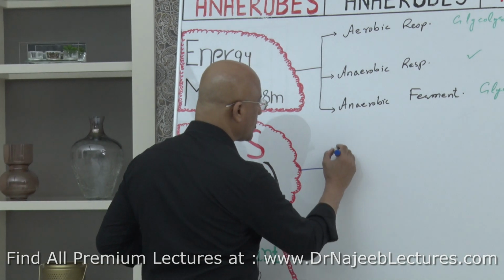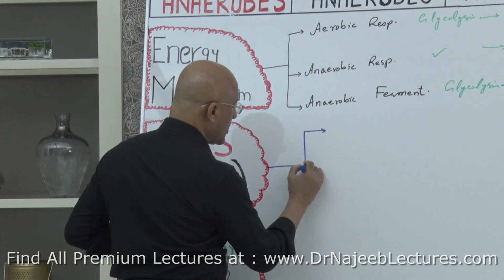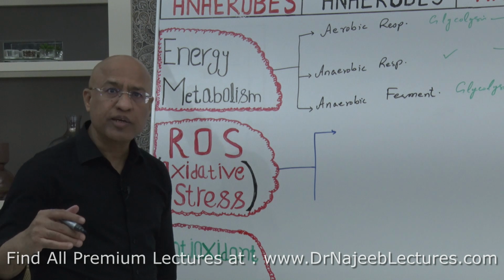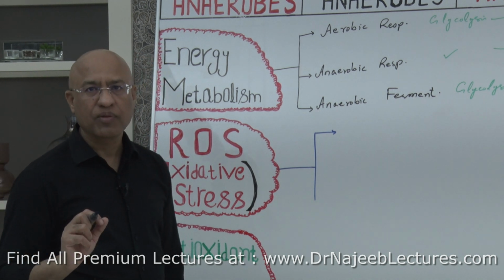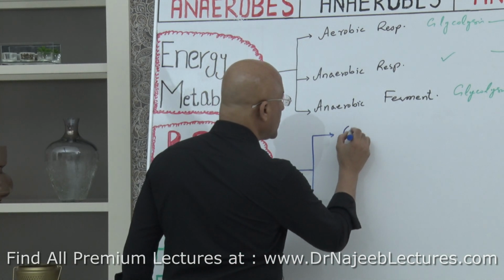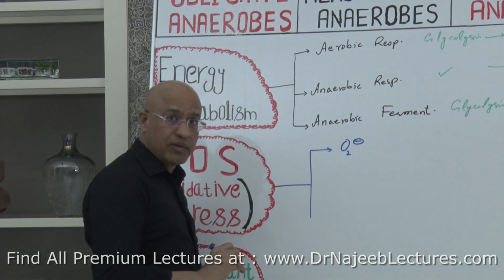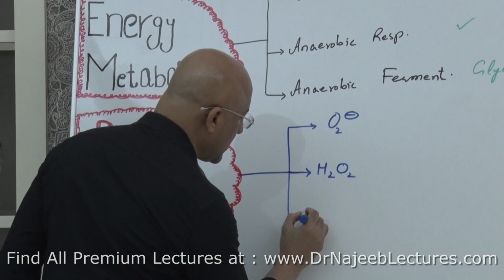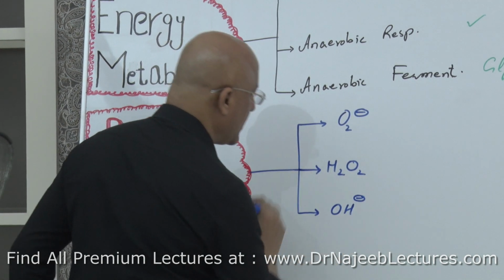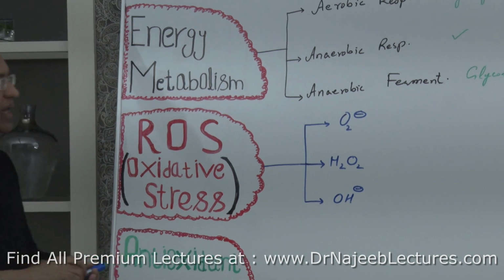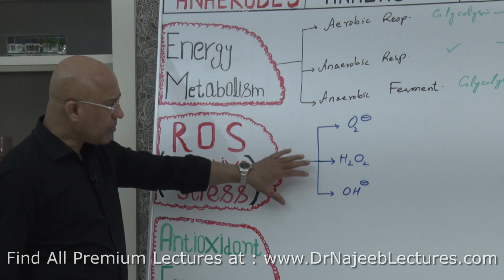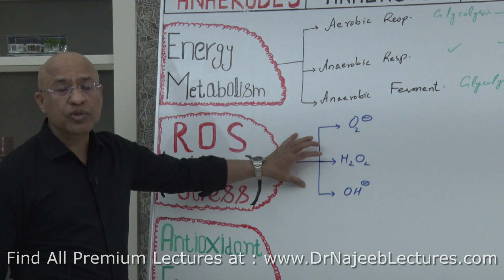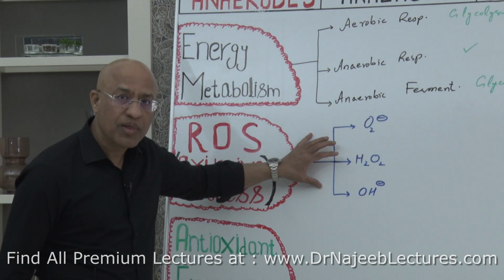right? We have already discussed that if bacteria or biological systems are exposed to oxygen, oxygen, when it goes under partial reduction, produces superoxide radicals, hydrogen peroxide, and hydroxyl radicals. We already discussed in a previous lecture how these reactive oxygen species are generated when oxygen is available and partially reduced.